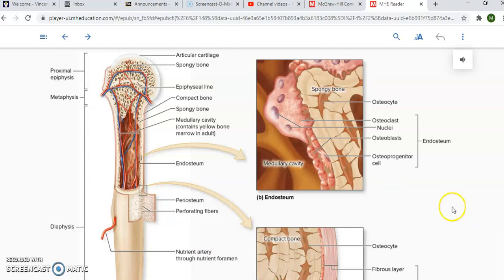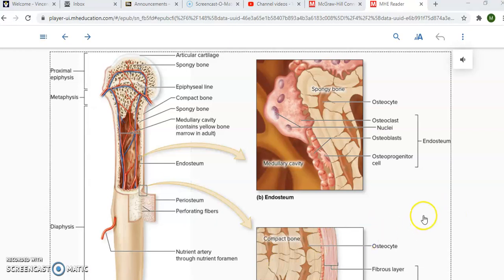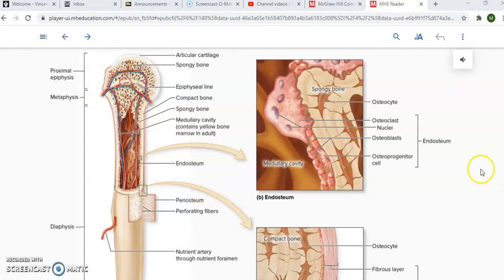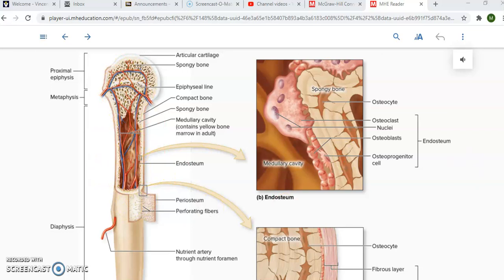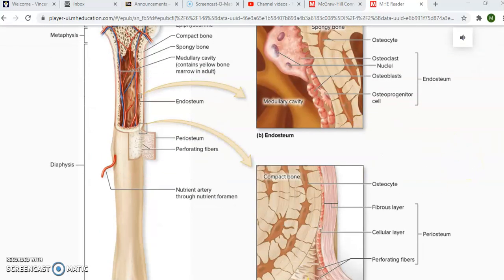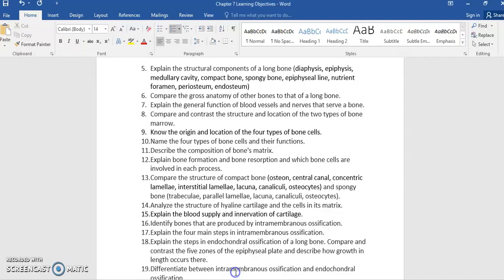The next thing that we'll talk about, I'm going to make sure we have plenty of time here, is that we kind of focused on long bones, but there are other shapes of bones in the body, and they don't necessarily have these gross features. They share some of these features, but not all of them. So our next objective was to talk about the gross anatomy of other bones compared to our long bones.